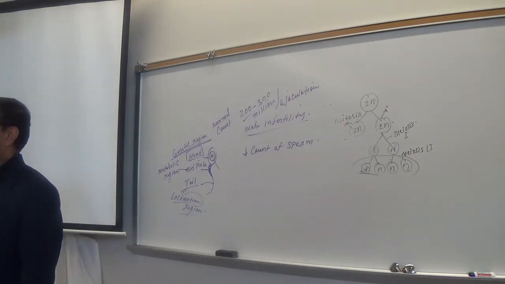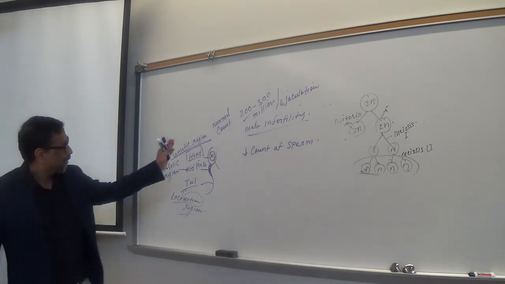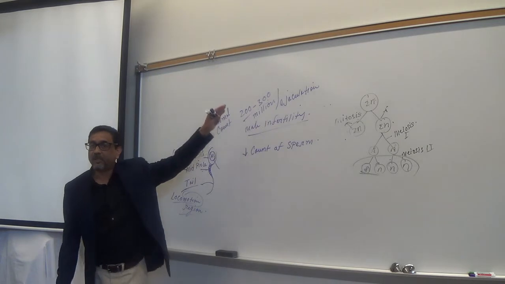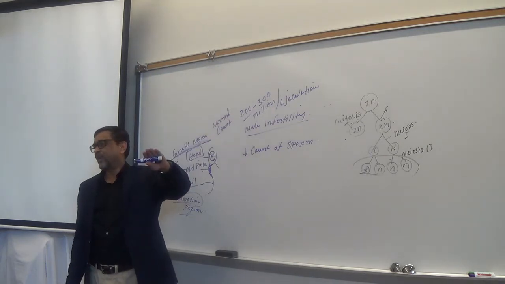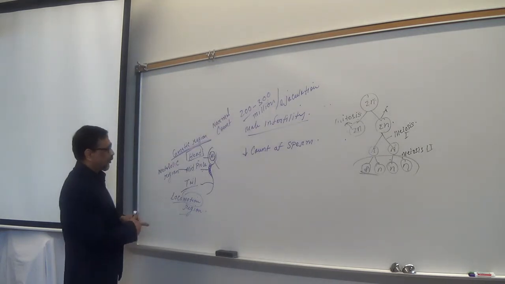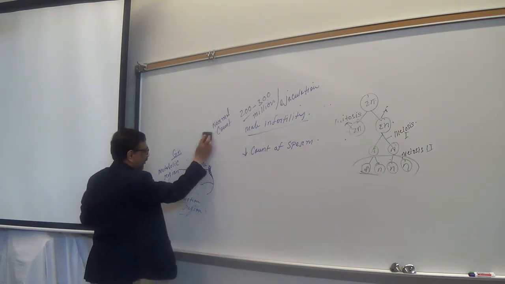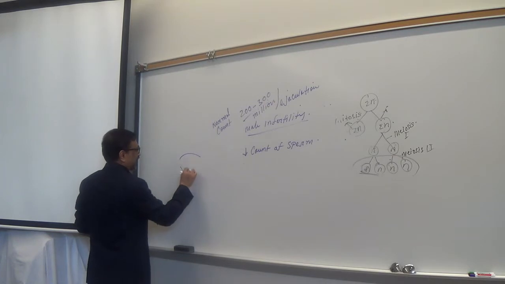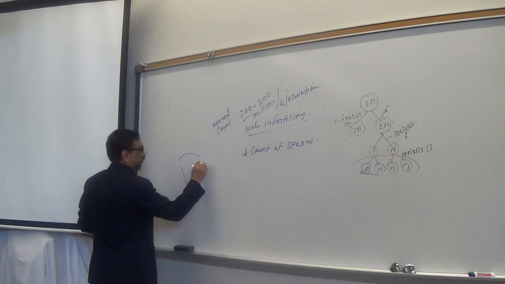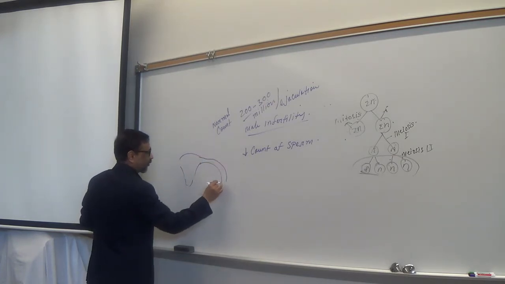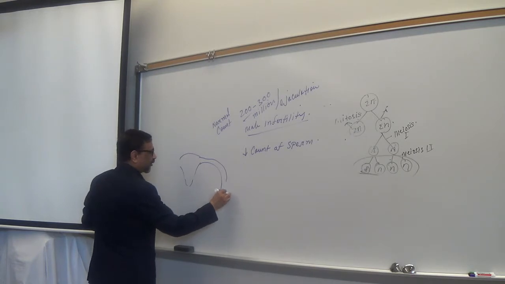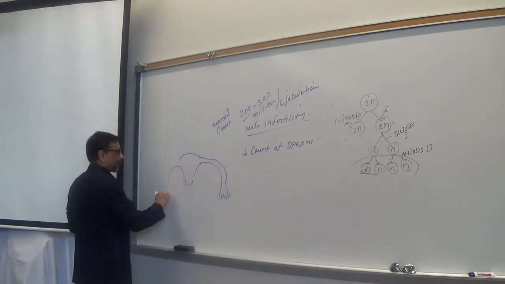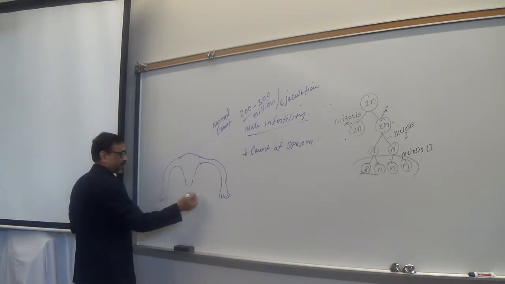Now, the question is, how many sperm can reach to the fallopian tube or uterine tube? You remember the picture, you must remember, this is the uterus, this is the uterine tube, these are called what? Anybody? Finger-like structures.